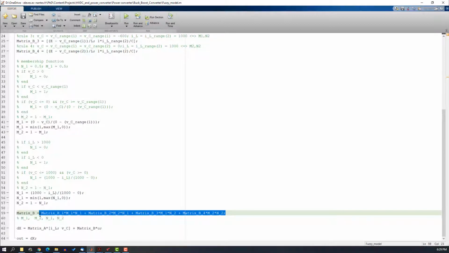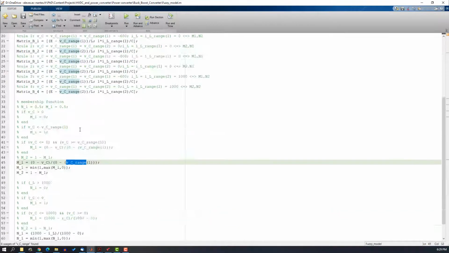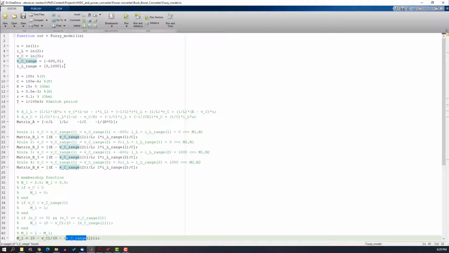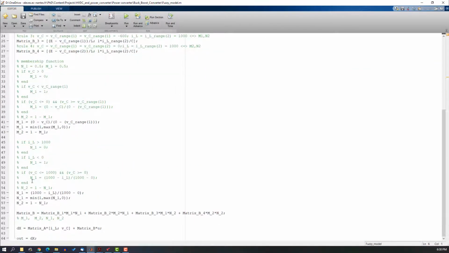Matrix B will be a setup from matrix with the functions m1 and n1. You see, m1 and n1 will be calculated from the state and the range of state, as I said here. The same for m2 and n2.